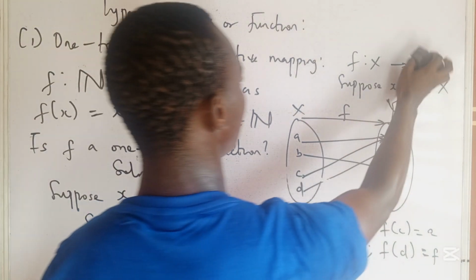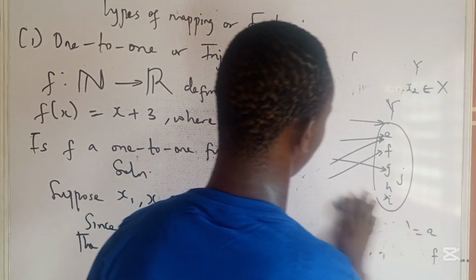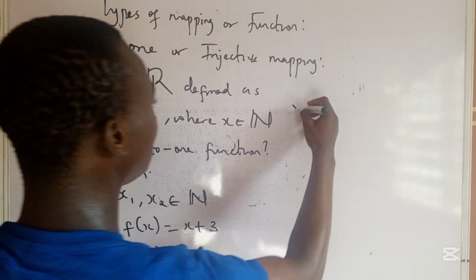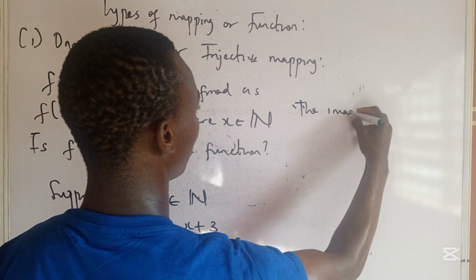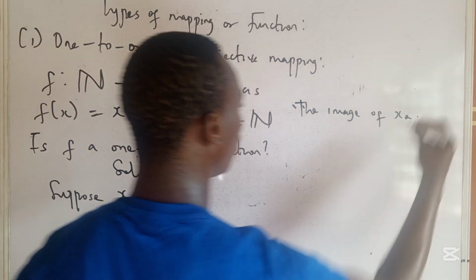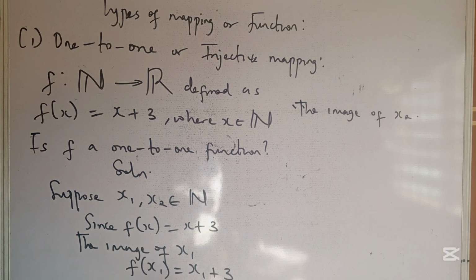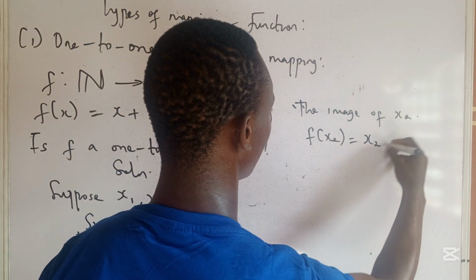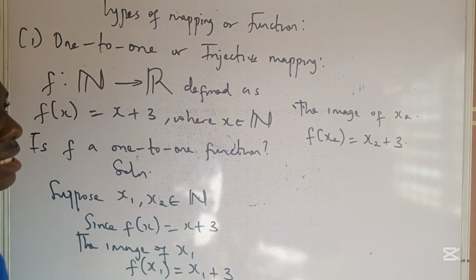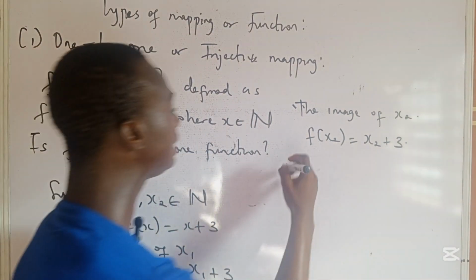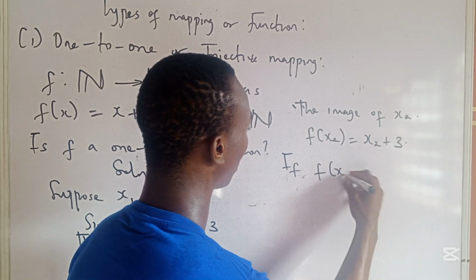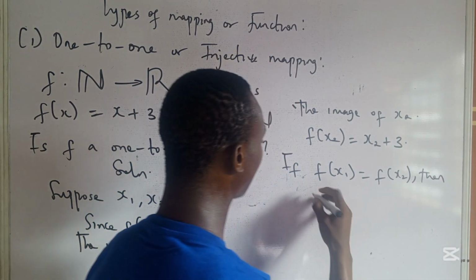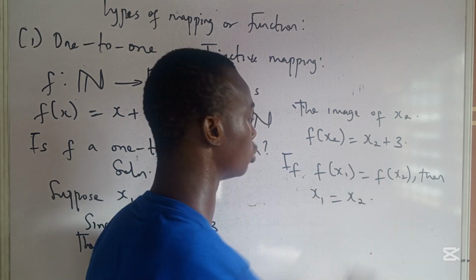Then let's look at the second one. What will be the image of x2? That's f of x2 equals x2 plus 3. And for it to be one-to-one, I said if f of x1 equals f of x2, then x1 will be equal to x2.